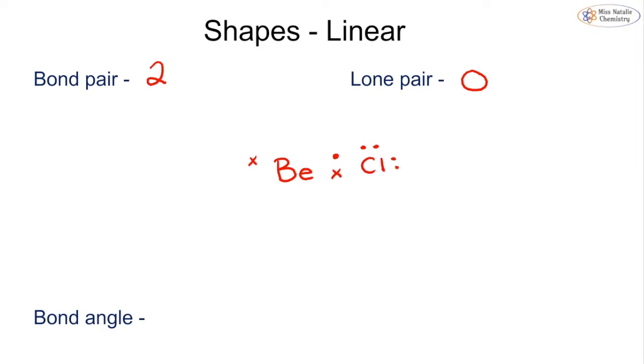And chlorine has its outer electrons, of course, but these are all bonding pairs, so they just stay separate from each other, and we're only looking at the actual pairs involved between the 2 atoms. So in this case, we're looking at 2 bonding pairs between the chlorine and the beryllium, and they want to be completely apart from each other, so we get a bond angle of 180 degrees.